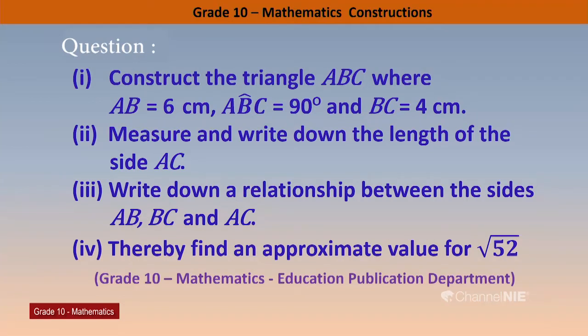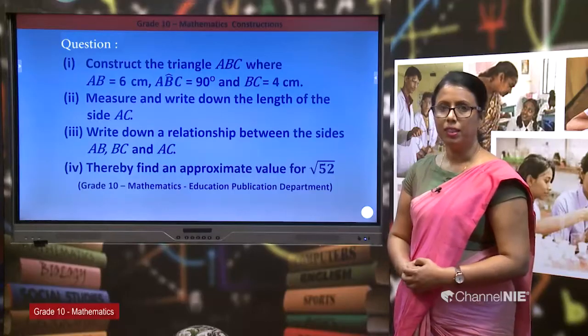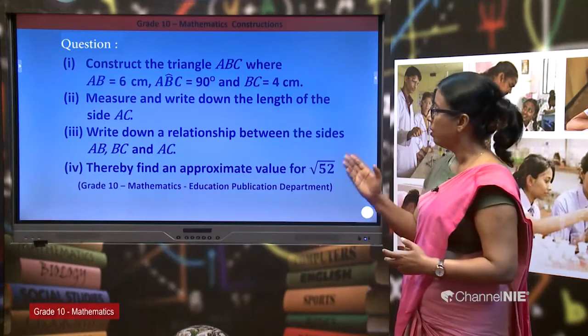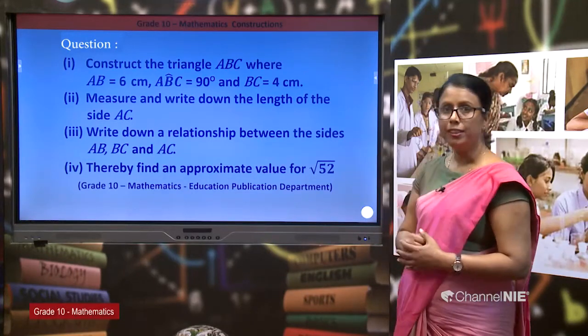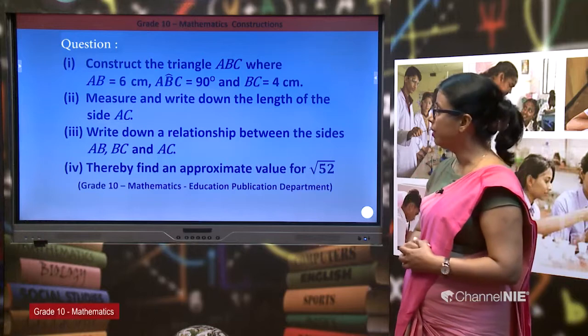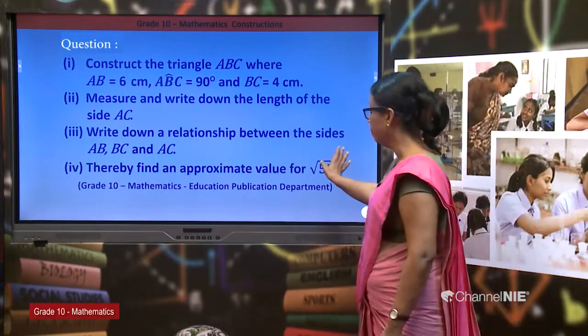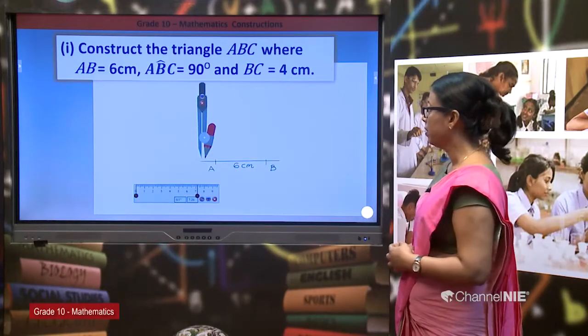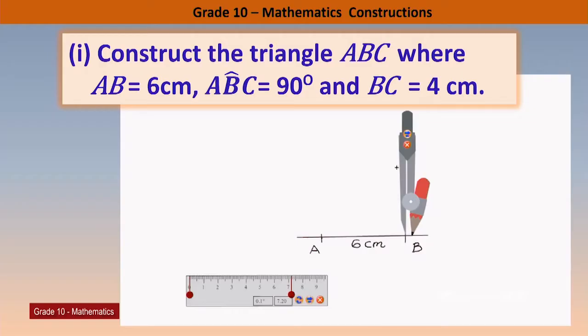But I prefer the longest length, AB, we can construct the base as 6 centimeter. Let us construct AB as base. Construct AB line segment as 6 centimeter. Hope you remember, in the last program we constructed AB line segment 6 centimeter.